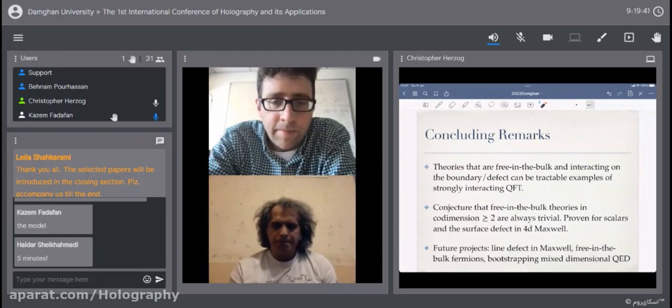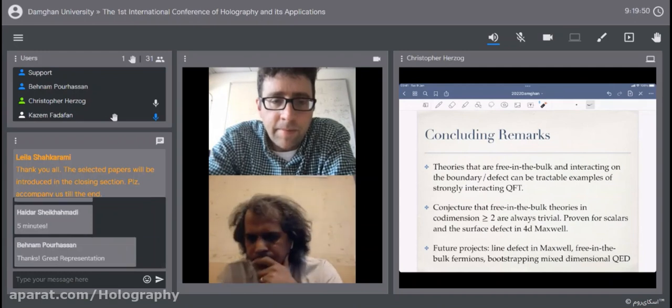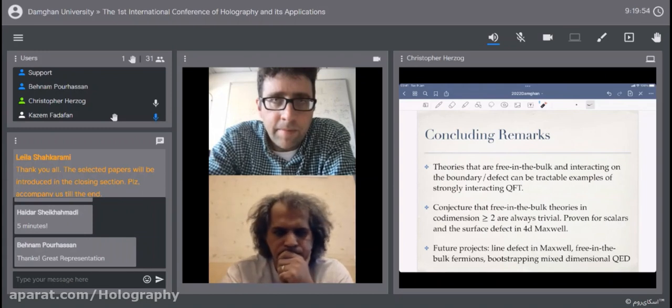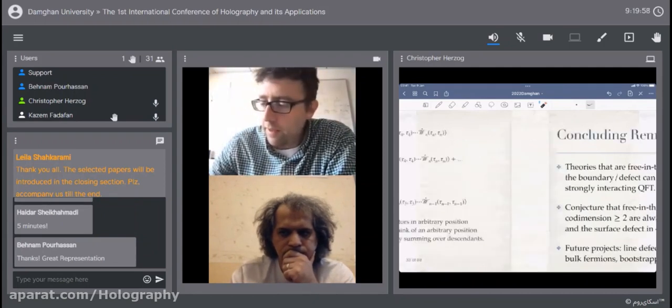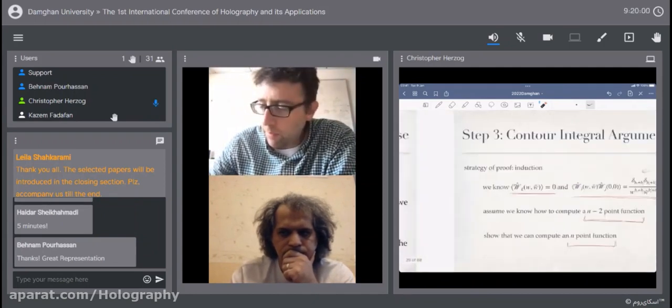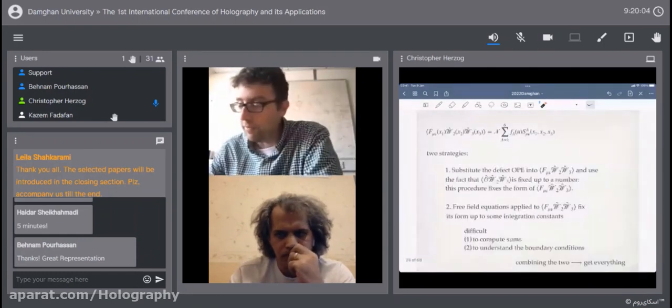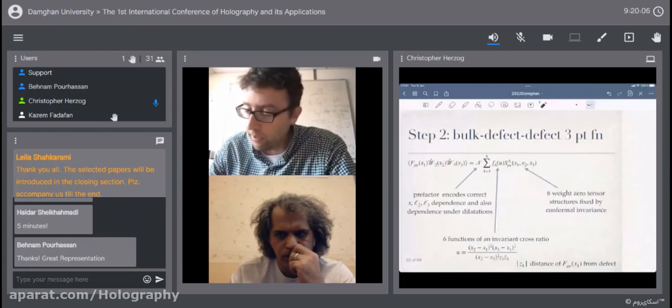You showed some plots about the conductivity, but I'm curious to know, is there any special effect that is weird or strange here? Any special effect? This was the mixed QEDs. This was the 2+1 dimensional boundary and 3+1 dimensional photons.